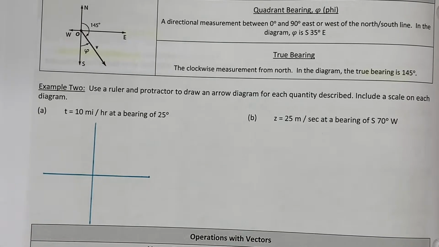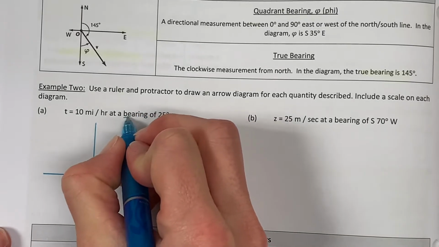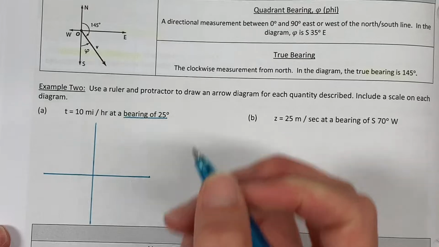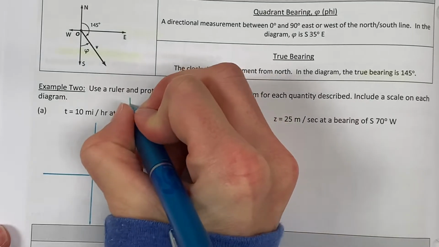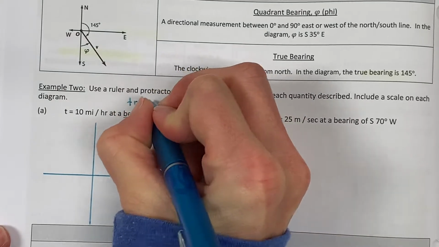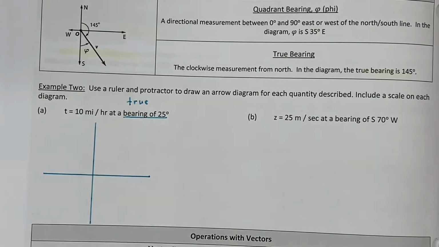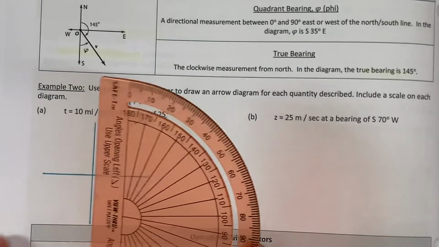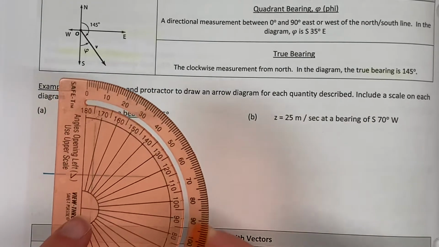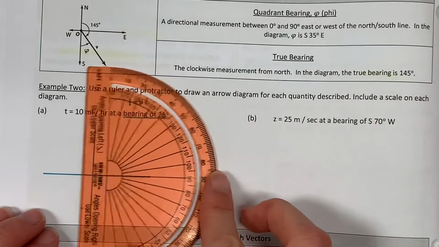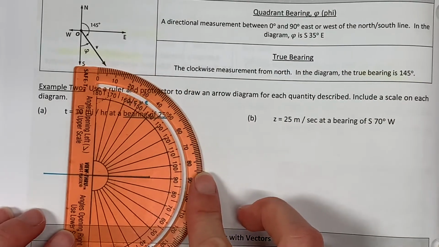Now the first thing I'm going to do is focus on the bearing of 25 degrees. Whenever it says bearing, this represents a true bearing, which means it's going to be 25 degrees clockwise from north. So I am going to take my protractor, and where the window is, I'm going to line that up with the origin.